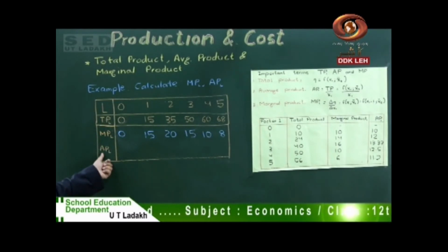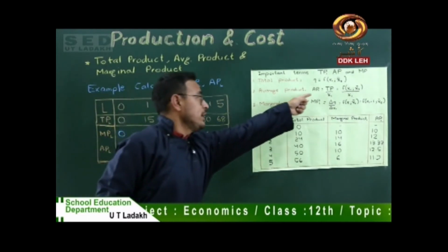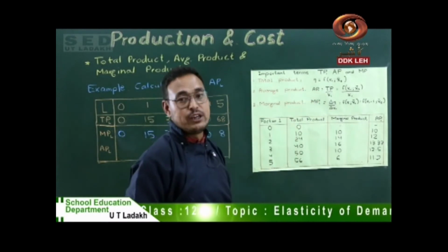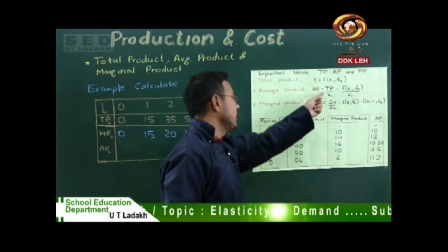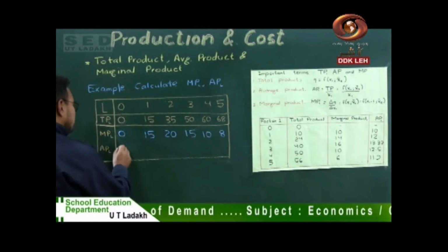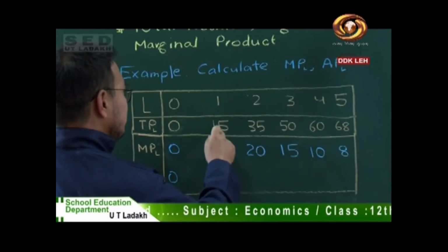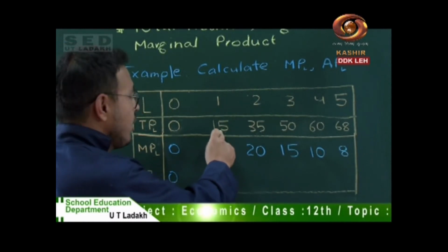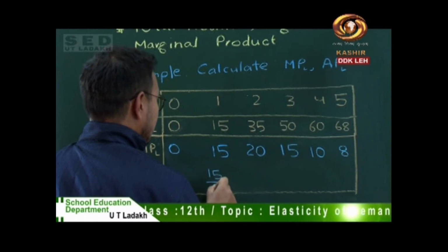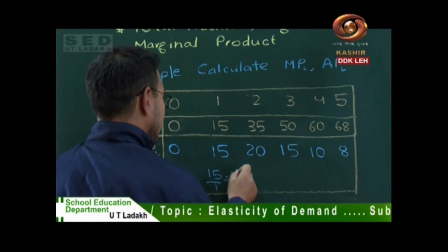Now what is your average productivity of labor? Simply as per the formula, it's total product divided by x1. Now here x1 is your labor, so in place of x1 you have labor. In the first case it's 0. In the second case, what is your TPL? 15 and labor 1, so it's simply 15 divided by 1. The value is 15.